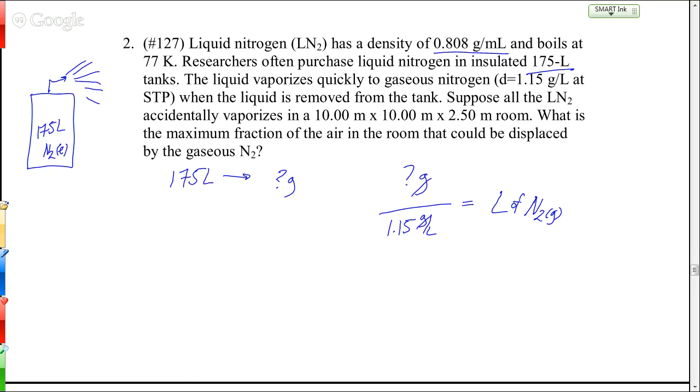Now the next part is to compare it with the size of the room. The other tricky part of that is that the room is given in meters. So your volume that you calculate with your length, width, and height is going to be cubic meters. But a cubic meter is not the same as a liter. So you have to convert from cubic meters to liters, which you can look up a conversion factor for, or you can convert both of those volumes to a different unit.